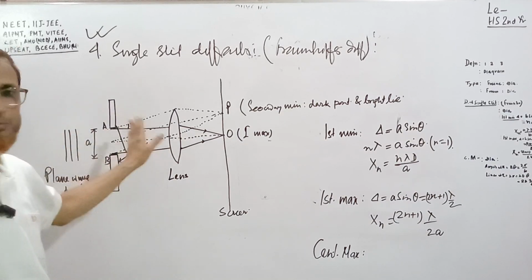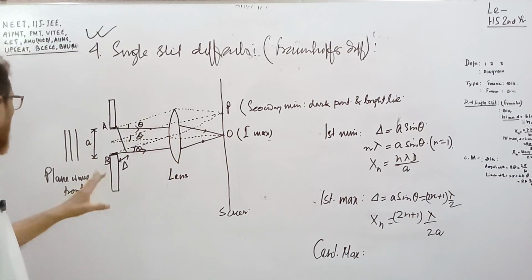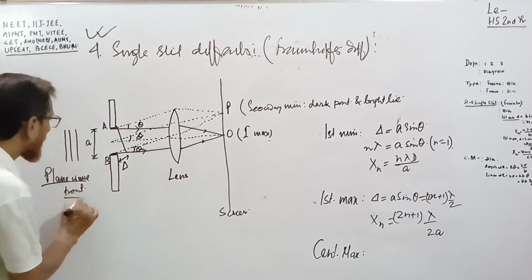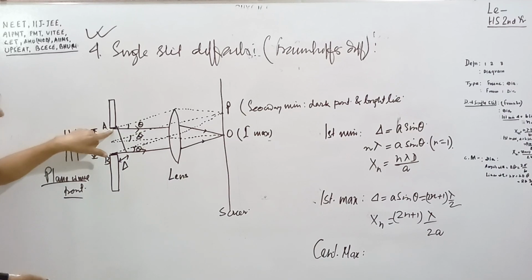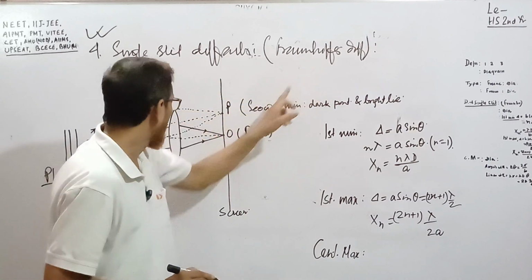I am going to solve these problems from this point of view. So here we have assumed a plane wavefront, and this is a slit of width a, and here in Fraunhofer diffraction a lens will be there.